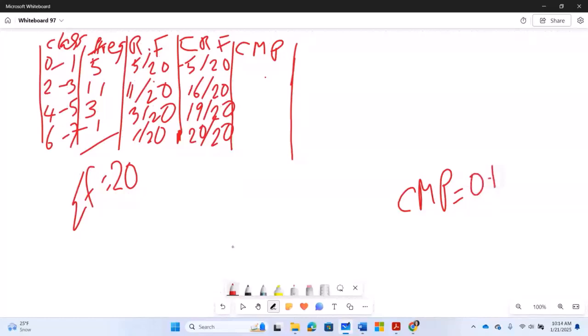So 0 plus 1 divided by 2. So the class midpoint of the first class is 1/2. I can put 1/2 here, or 0.5.